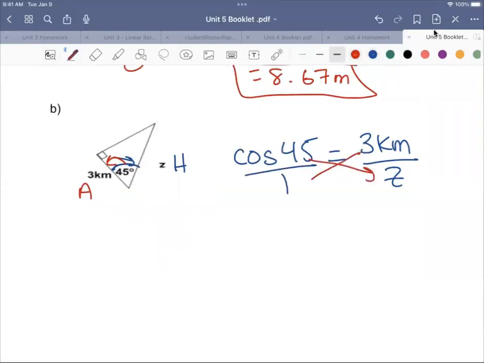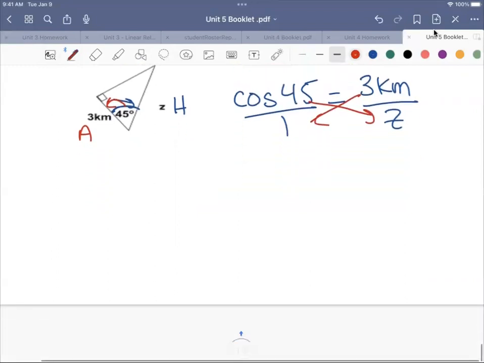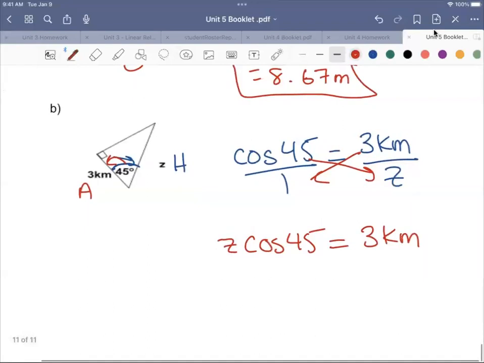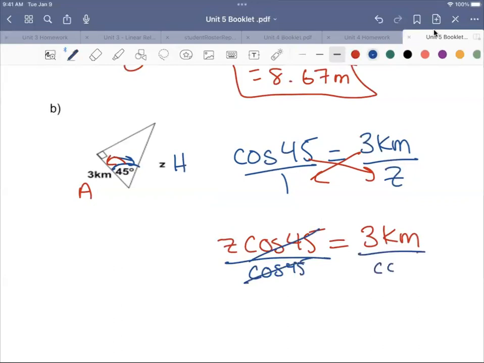I'm going to cross multiply, and I will get cos 45 times z is equal to 3 kilometers. So that means if I get rid of this, I need to divide by cos 45 over cos 45.